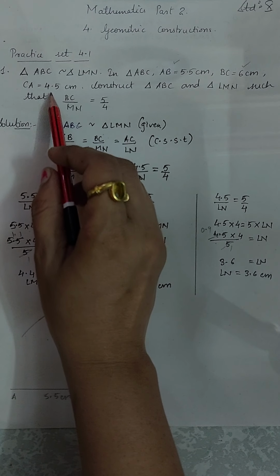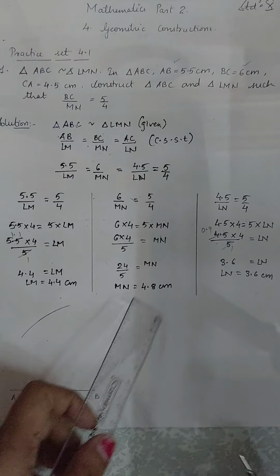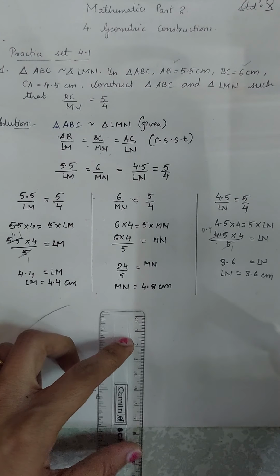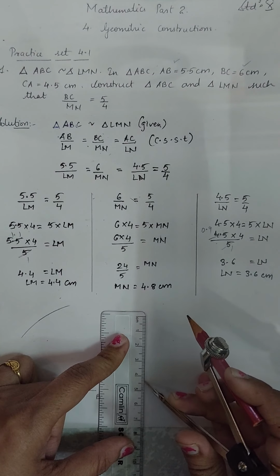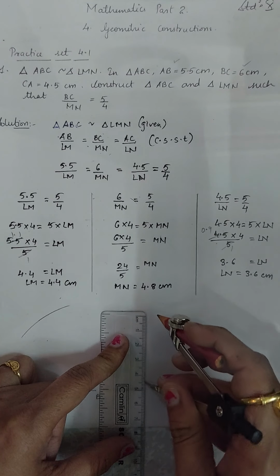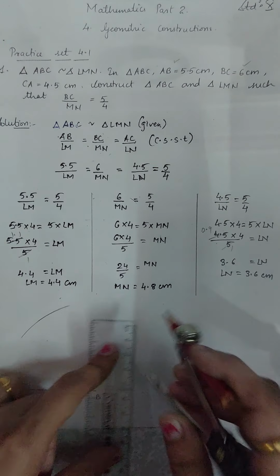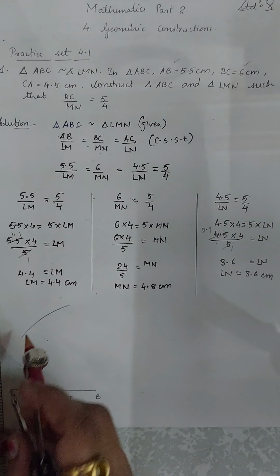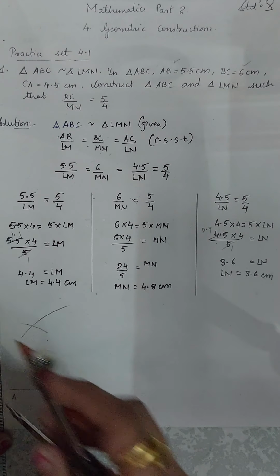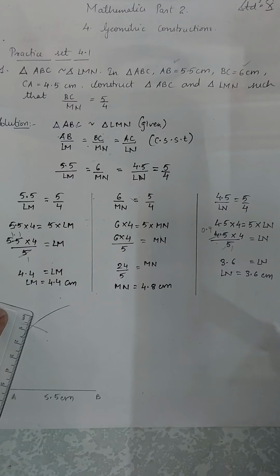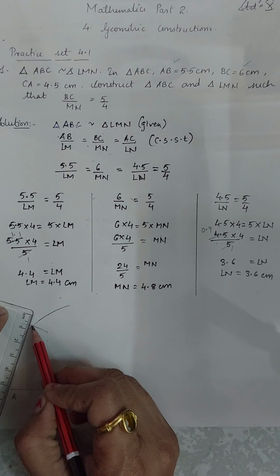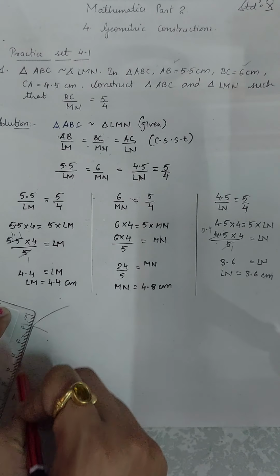Now we are going to use the CA, which is 4.5. So this is the ruler. This is 4.5. We are going to take this measurement, and we are going to draw an arc. When we draw an arc from this, we are going to get this kind of a figure, right? So when we join these arcs, we get a triangle ABC.